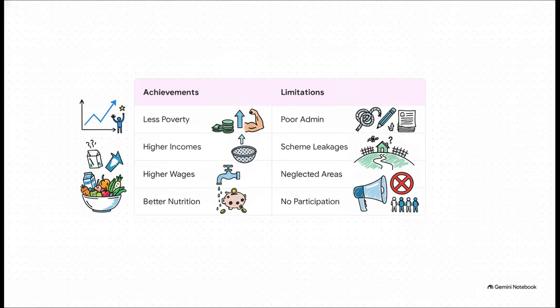We see unsatisfactory administration that was just bogged down by complex procedural requirements. There were significant leakages, too. Basically, vague definitions of who was actually poor allowed non-poor individuals to take advantage of the system, which was often compounded by inefficient management. Plus, remote areas were frequently neglected just because they were hard to access. And a major flaw was the almost complete lack of local, grassroots participation in how these programs were actually designed and implemented.